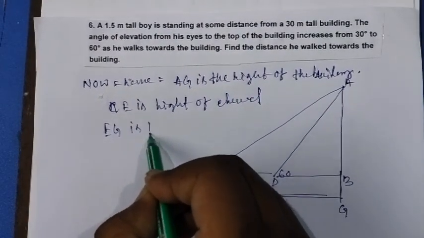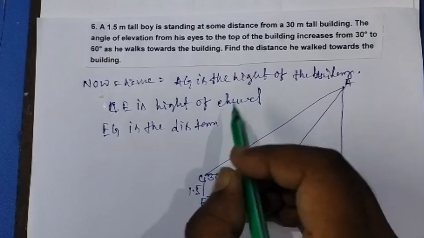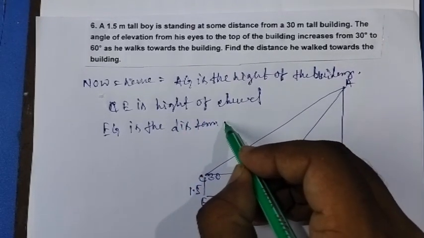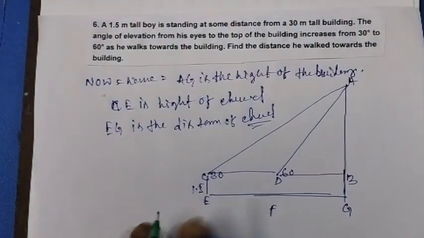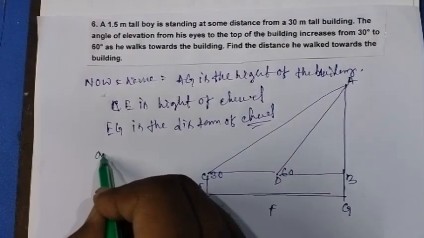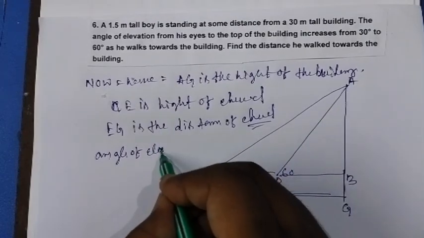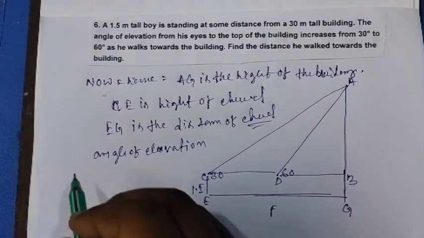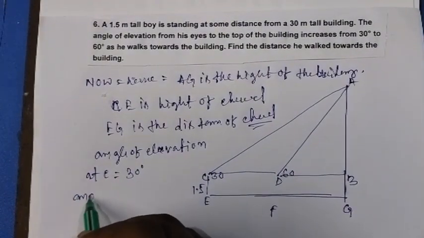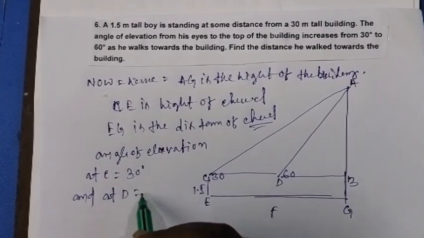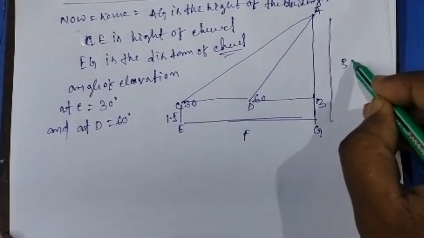EG is the distance of child. Angle of elevation at C is equal to 30 degree and at D is equal to 60 degree. The height of the building is 30.